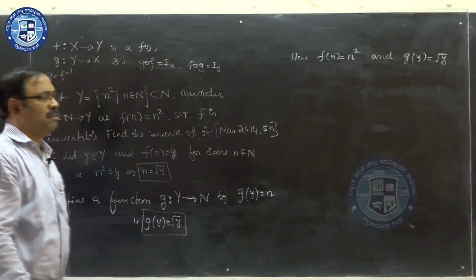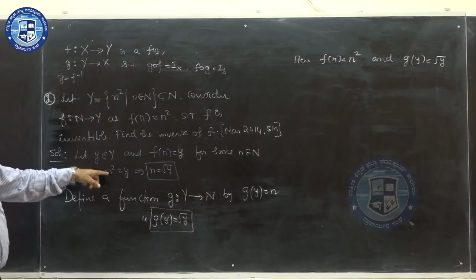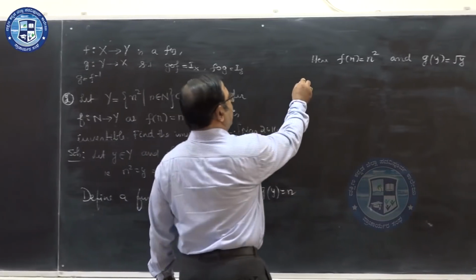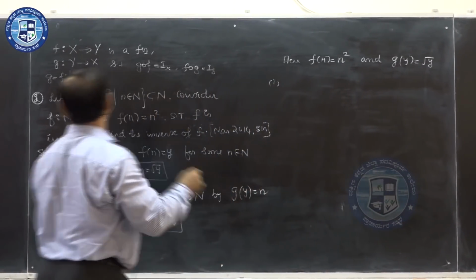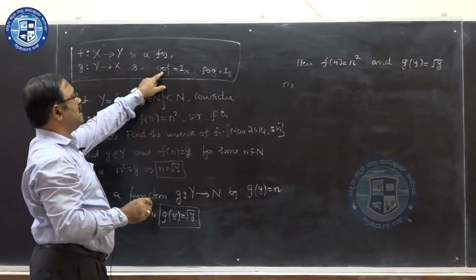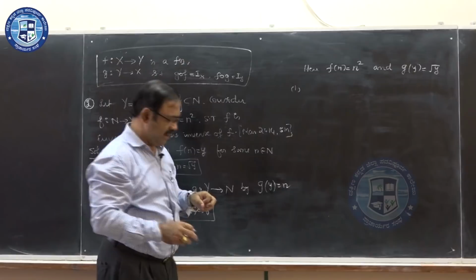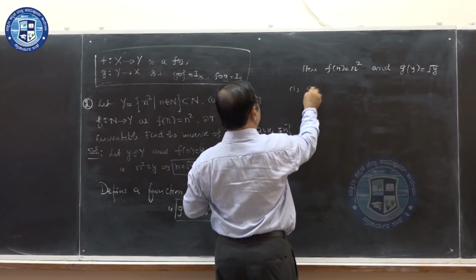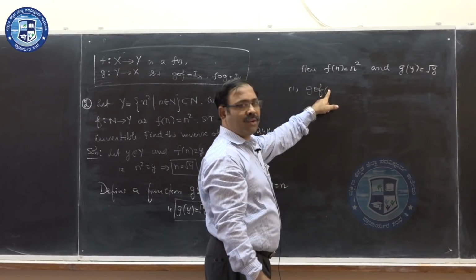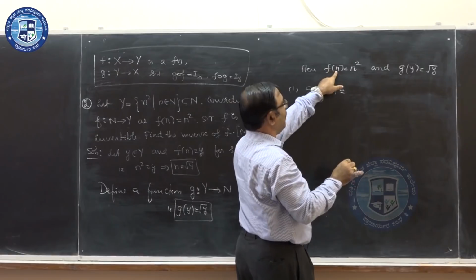So now I have defined two functions. Already f of n equal to n squared is given, and g of y is root y. Now look at the definition. We need g composite f to be an identity, and f composite g also to be an identity. So I write g composite f of n, because f of n is defined.